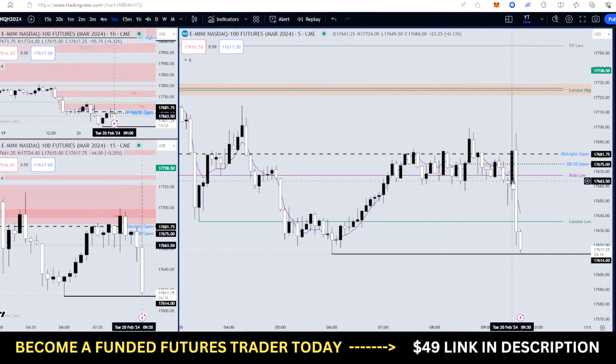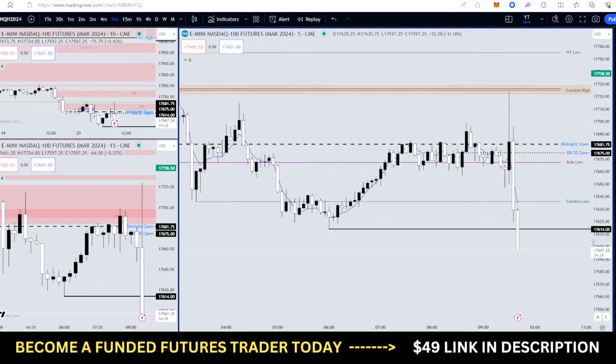All right, so we had the opening candle open and move 65 points up. Next candle open and move 65 points down, and now we see a continuation.